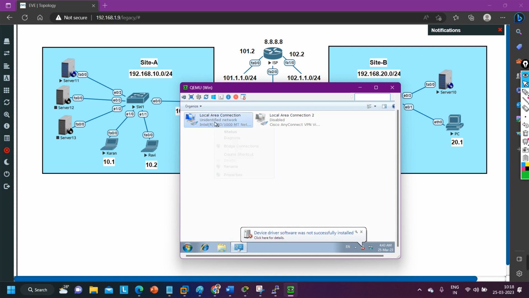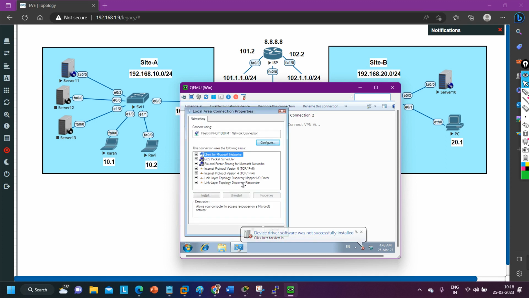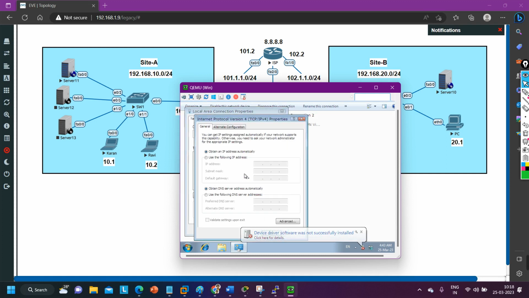Properties, and in IPv4 here I am going to define manually.